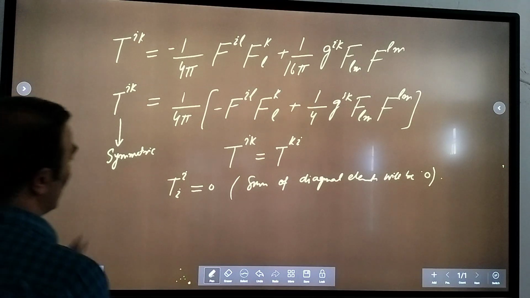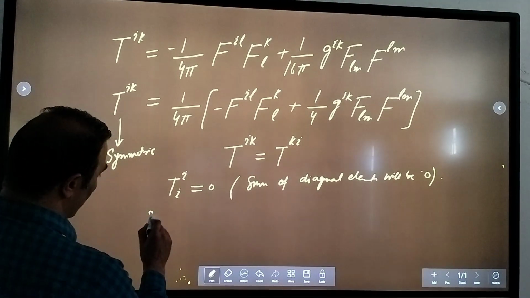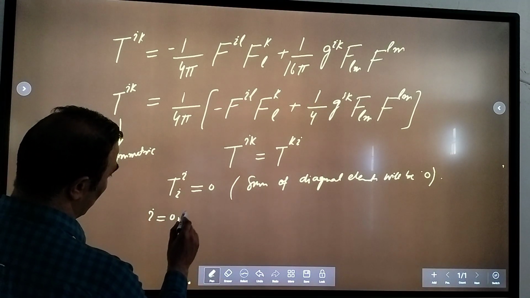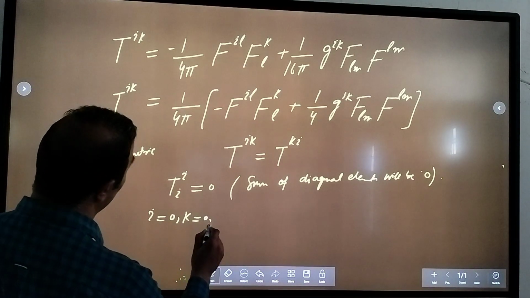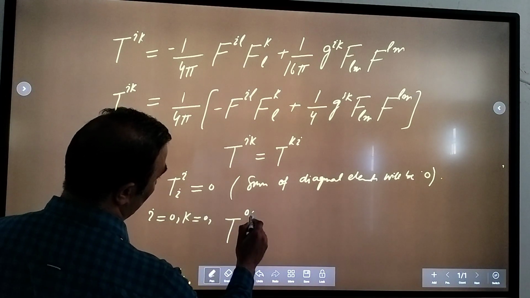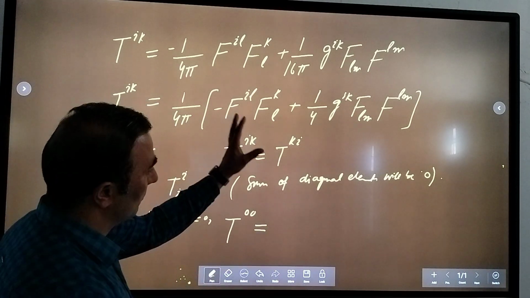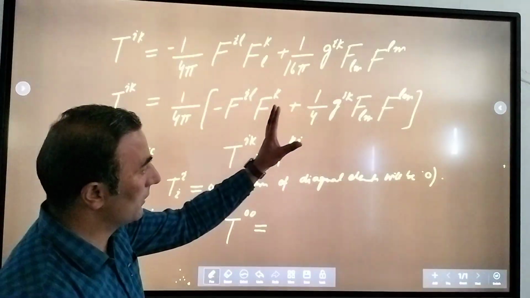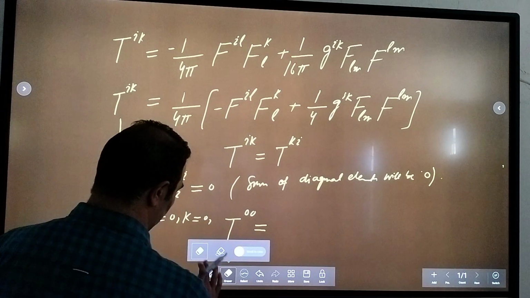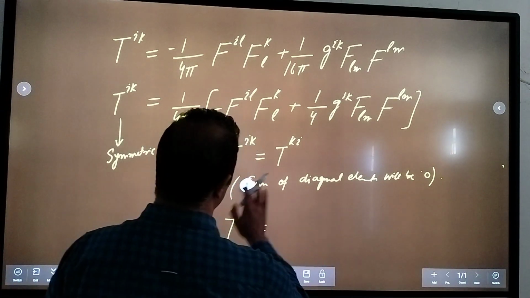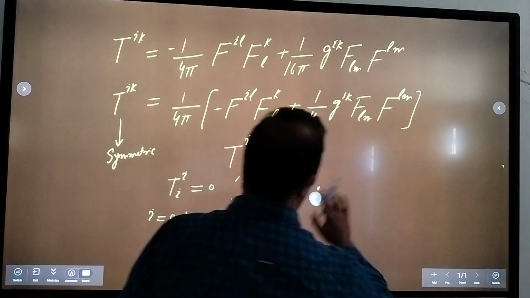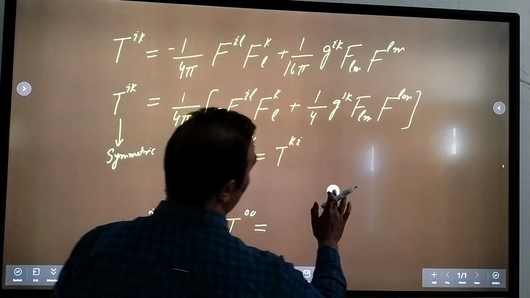And now if you put i equal to 0 and k equal to 0, what will be T00? We can calculate this because we know F mu nu, and you can use this property, the value of the electric as well as magnetic field.